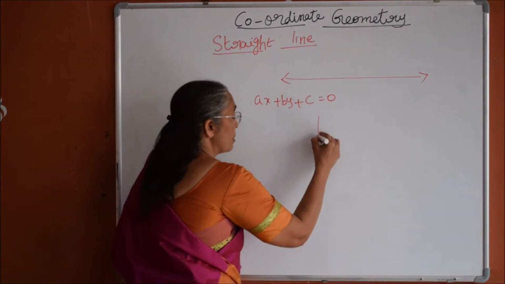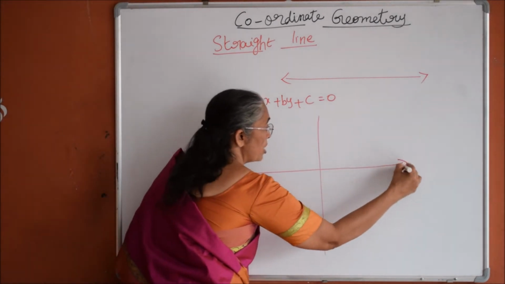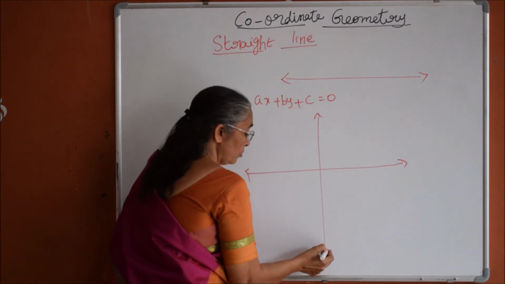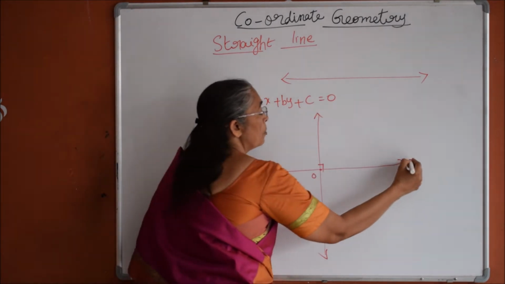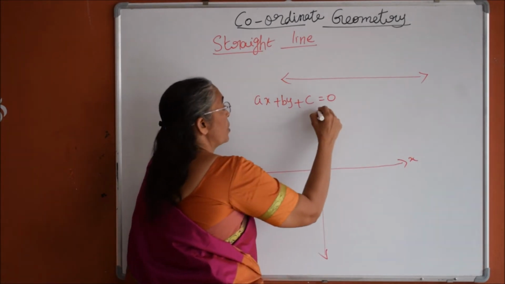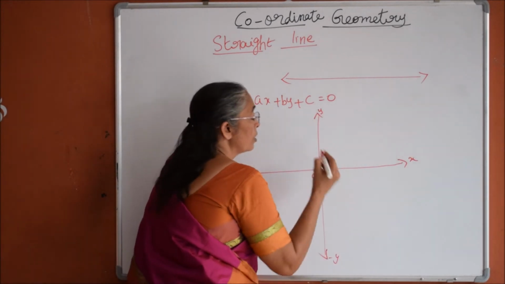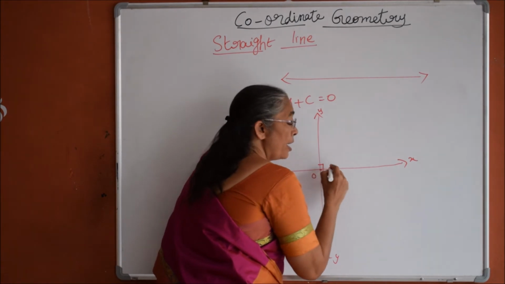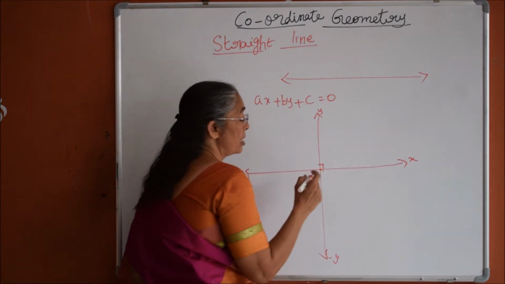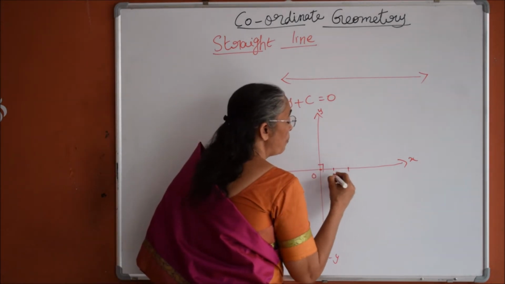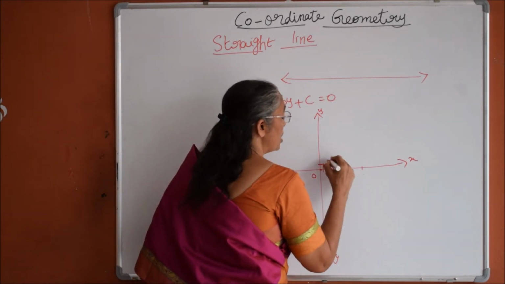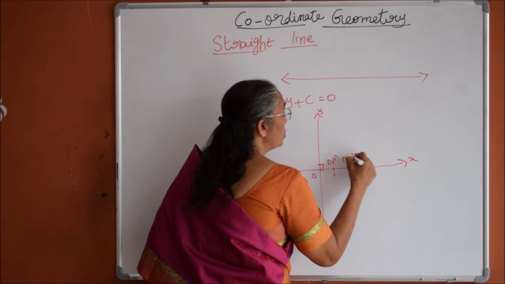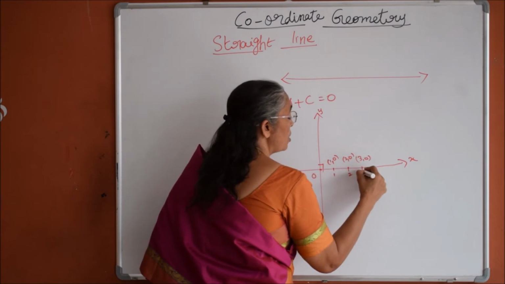Yes. Suppose x and y coordinates, their point of intersection is the origin, perpendicular. Now positive x, positive y, negative y. Now every point on the x-axis will be in the form of x comma 0, that is 1 comma 0, 2 comma 0, 3 comma 0, right?